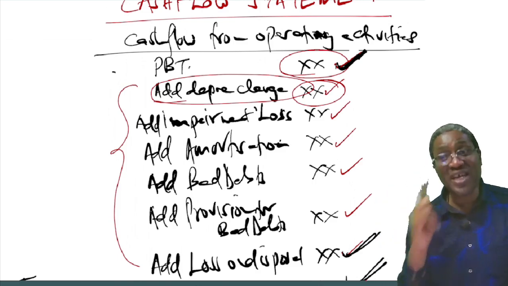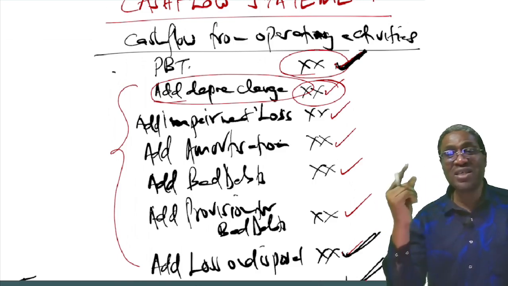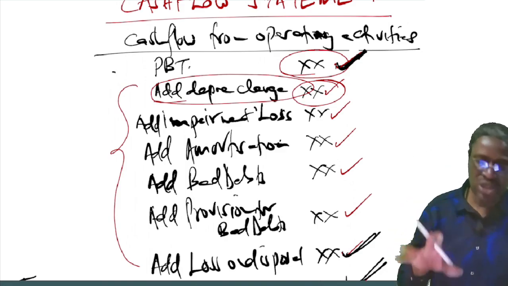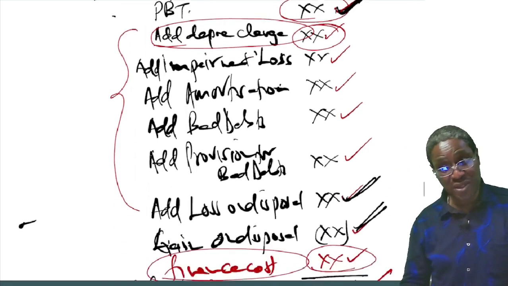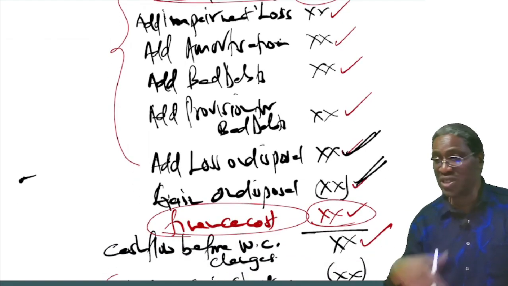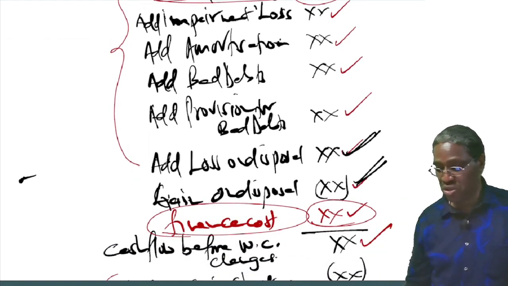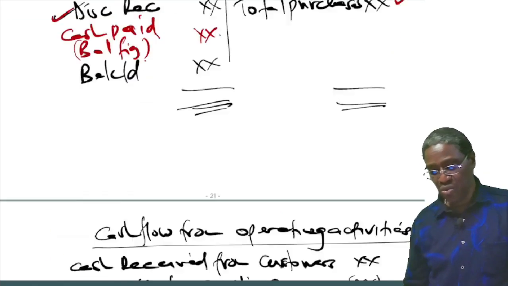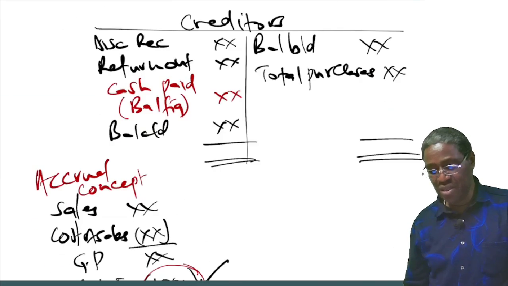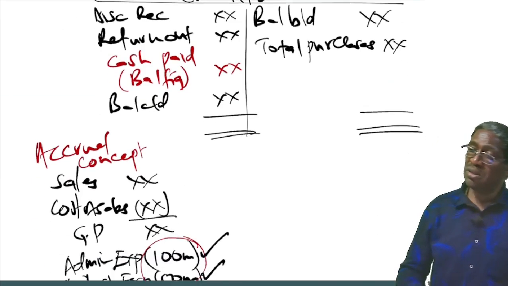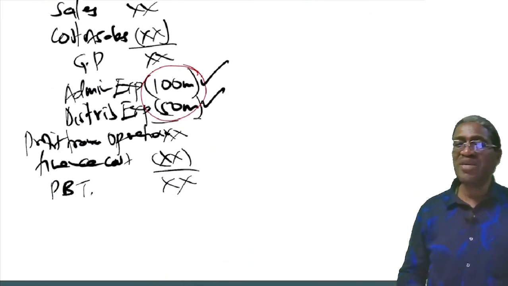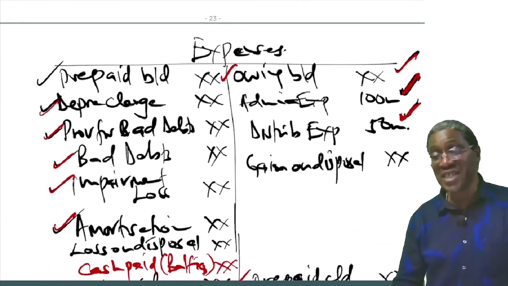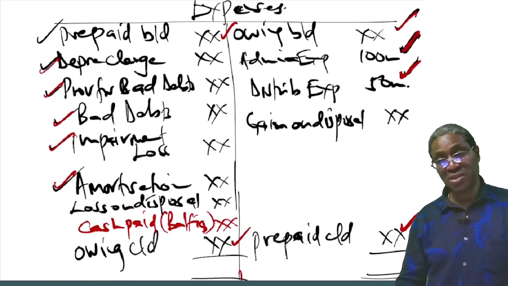But when it comes to the direct method, we are not adjusting the profit before tax. We are adjusting the charge for the year for expenses, by whatever name they are calling it, either admin or distribution. Therefore, I've said for the direct method, whether you use the gain or loss on disposal depends on how the examiner has presented the income statement.